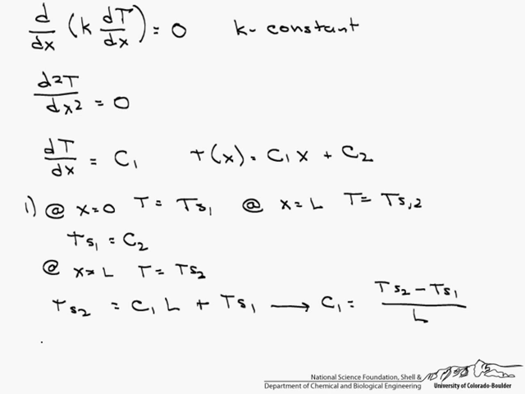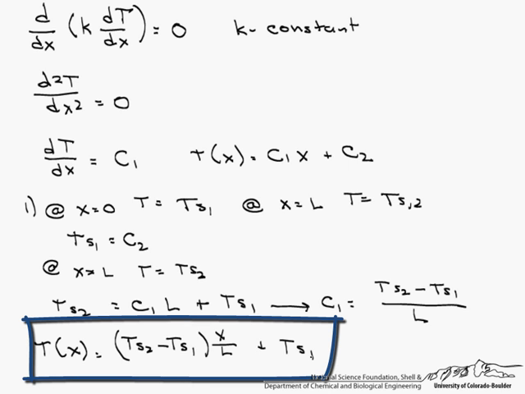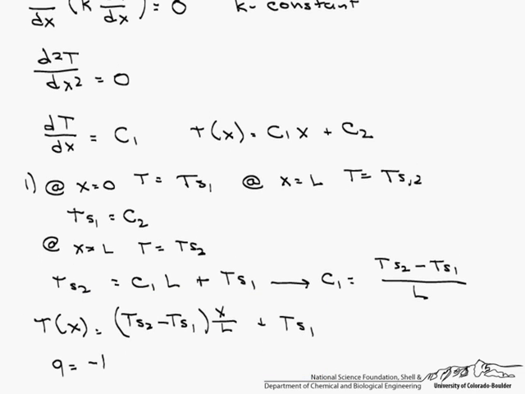And finally, because what we're looking for is our T of x, we put our constants back in. So this is Ts2 minus Ts1. Remember, C1 is multiplied by x, so often what we do is write x divided by L, plus our C2, which is Ts1. If we were trying to find q, it equals minus kA dT dx.